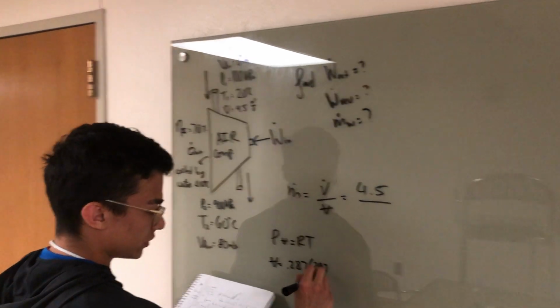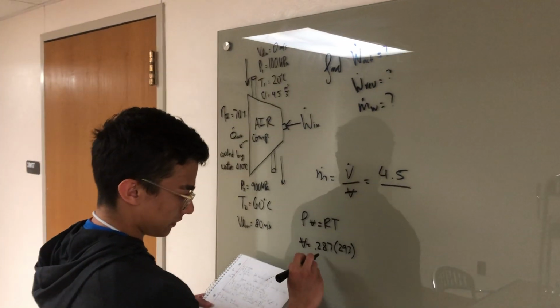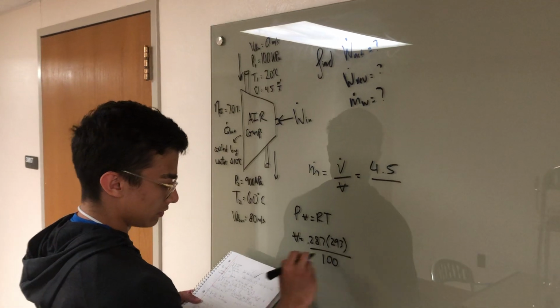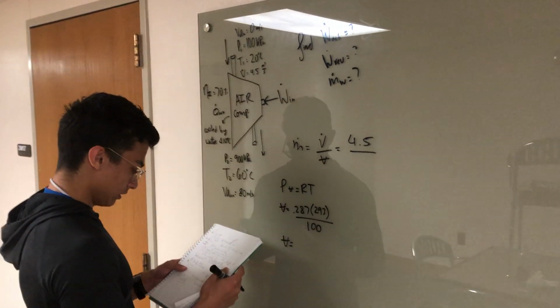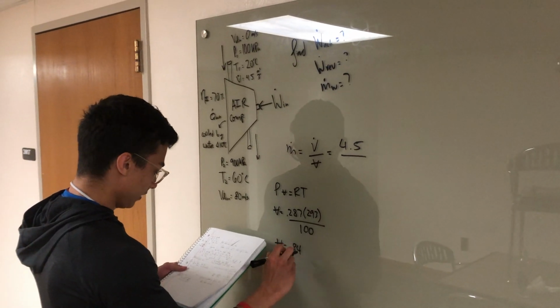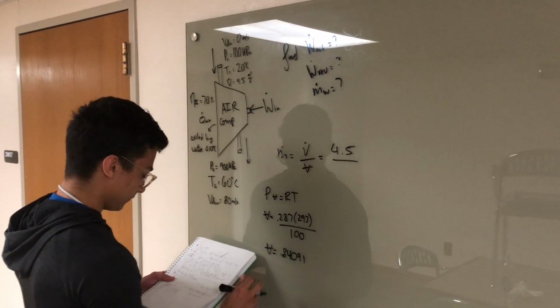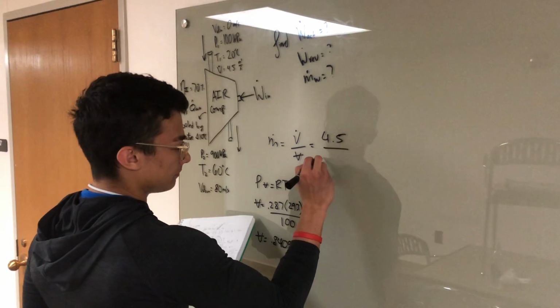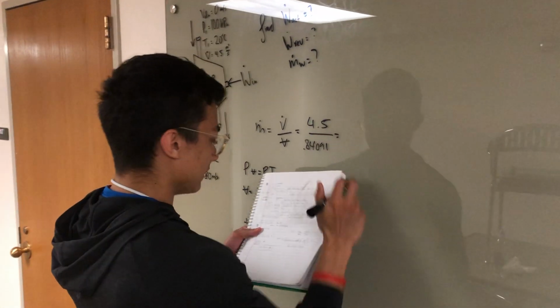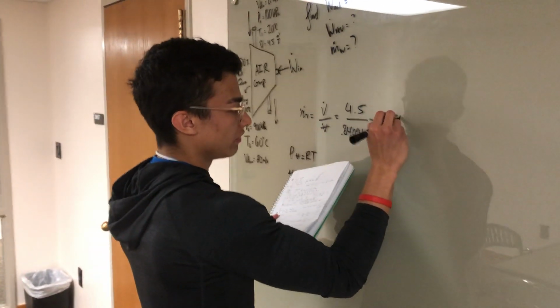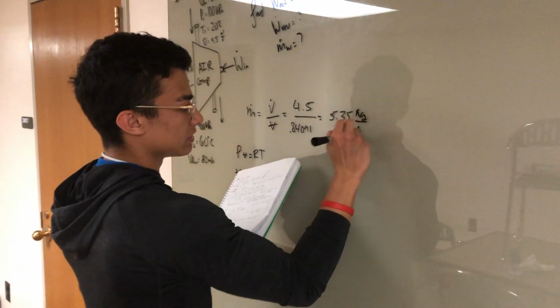Times 293, and make sure your temperatures are in Kelvin. And then you'll see that your little v is going to be equal to 0.84091. And when you plug that back in here, your mass flow rate is going to be 5.35 kilograms per second.